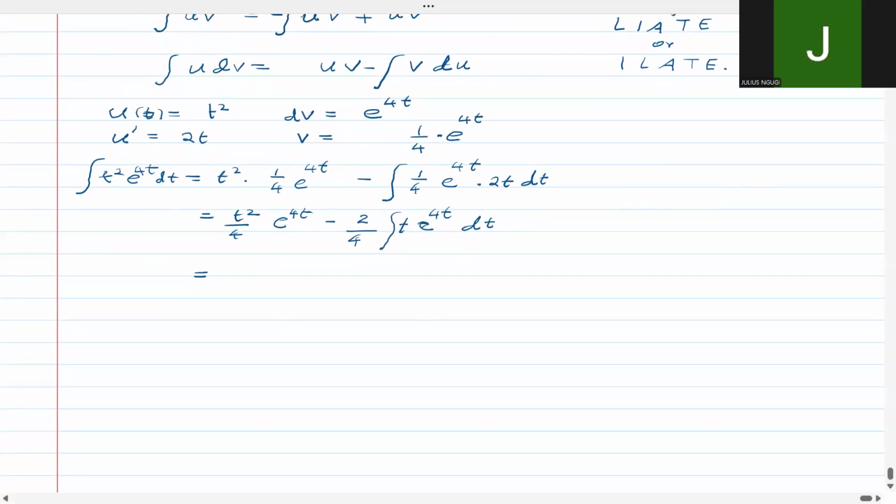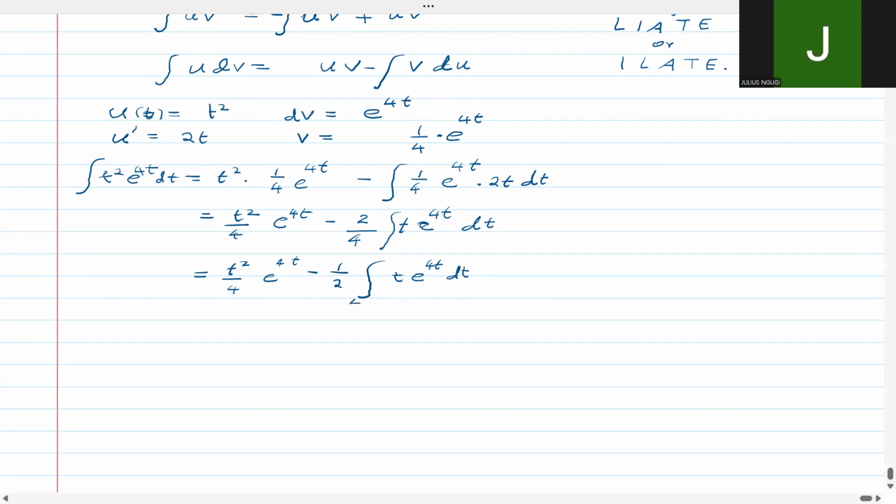So this becomes t squared over 4 e to the power of 4t minus a half integral of t e to the power of 4t with respect to t.